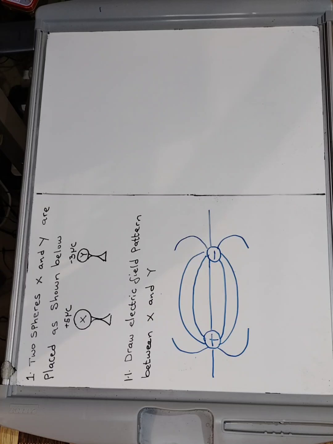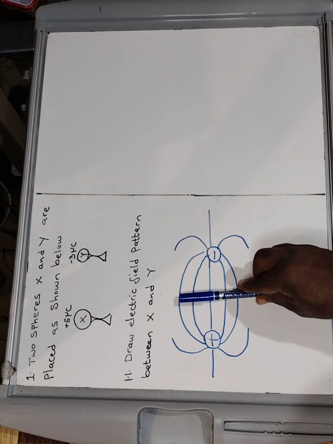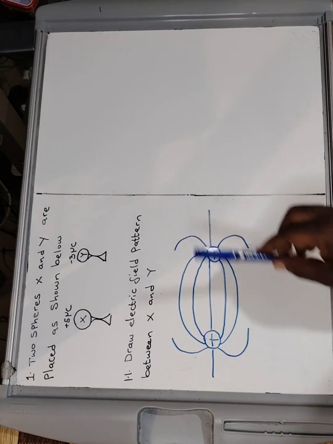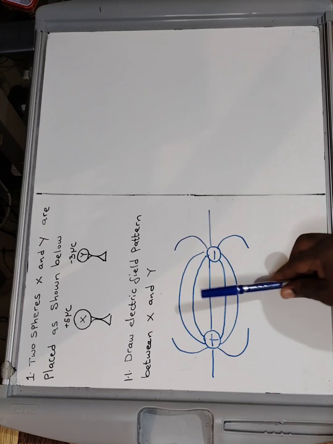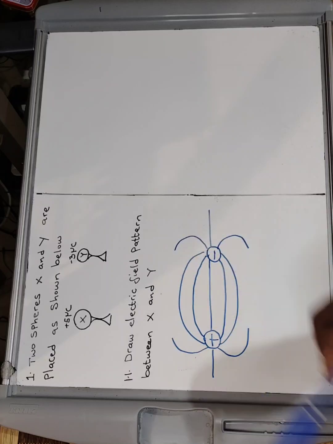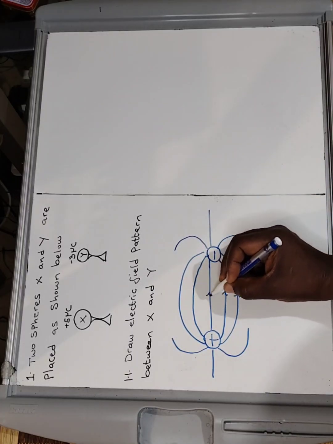What comes after this is the direction. How do we get the direction? You put a positive charge, and the direction of the positive charge indicates the direction of the electric field. So when you put a positive charge here, where will it go? To the negative. So we are having these fluxes moving like that.